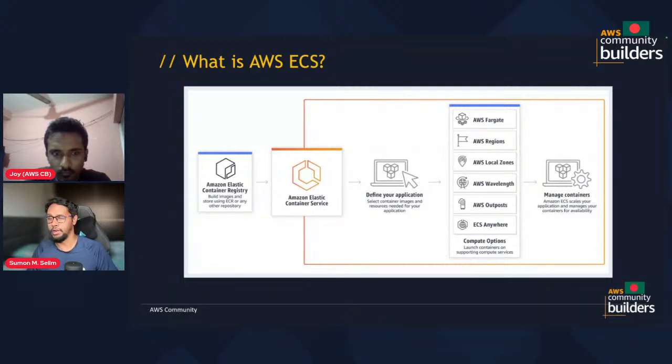So depending on our need, our application, our requirement, we can launch the containers on all these supported computing services. And AWS ECS will scale our application and manage the availability.